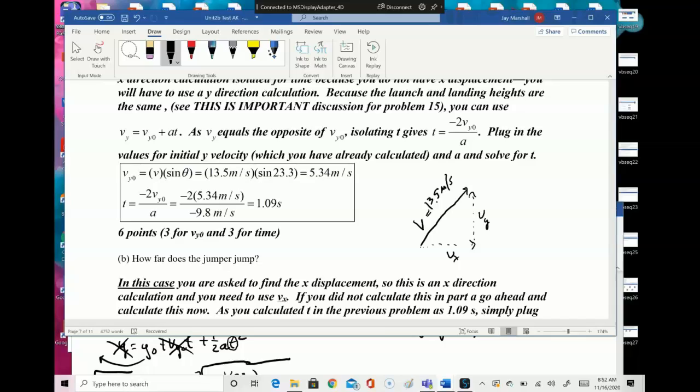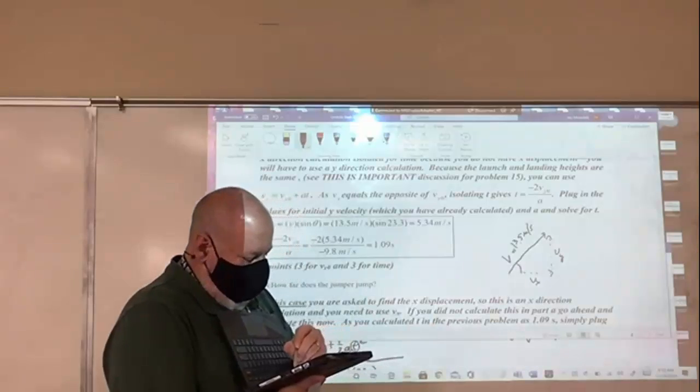Okay, so he takes off at 13.5 meters per second this way, but I'm probably not going to want to know a whole lot about his flight. I'm going to want to know how far he's going to go. So I've got an angle here, and I want to know how far he's going to go, so I'm eventually going to need the Vx, right? And when I get this far, I should just label my triangle.